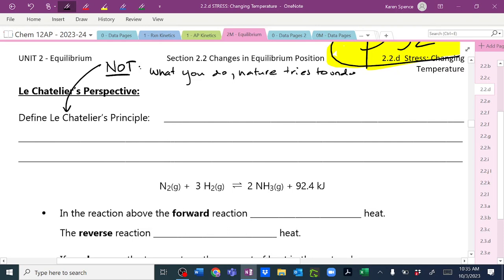Okay, so we know that it's not what you do, nature tries to undo, hopefully. So if that's what you wrote down, you need to try again. You need to write it down, because you might be able to say it, which is a good way of reviewing, but if you cannot write it down, then you don't actually know how to define it.